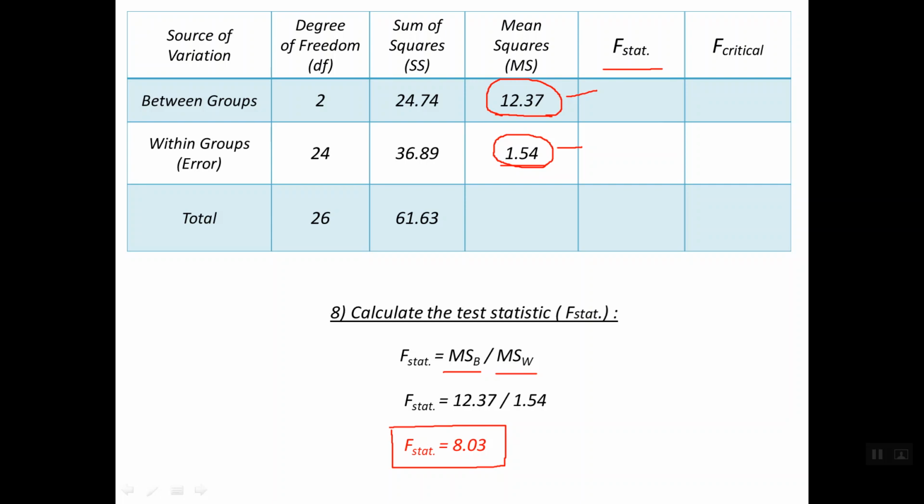So the chance for the rejection of the null hypothesis increases. So this is the value of the calculated F. It is 8.03. So this is the value of the calculated F.